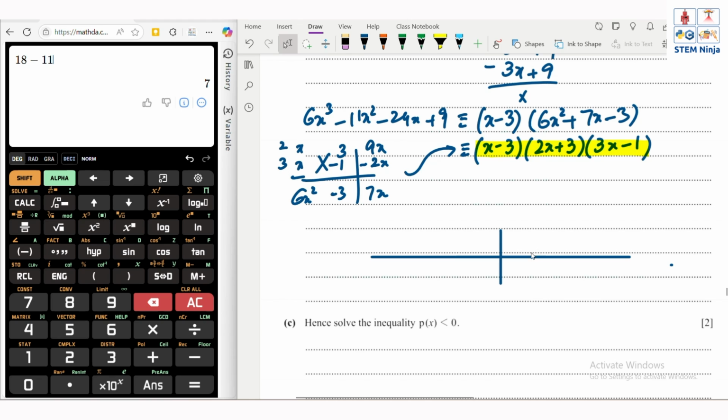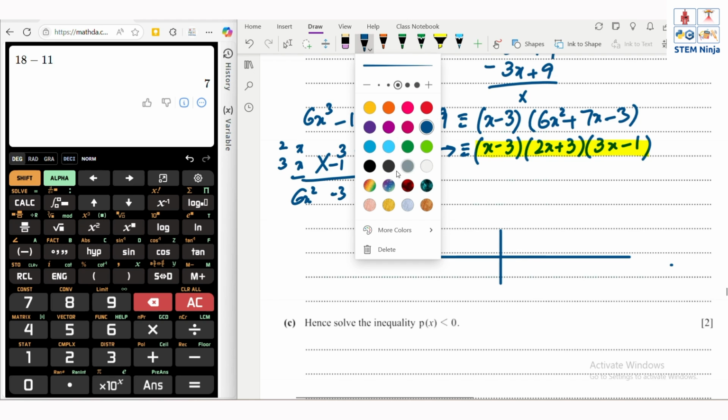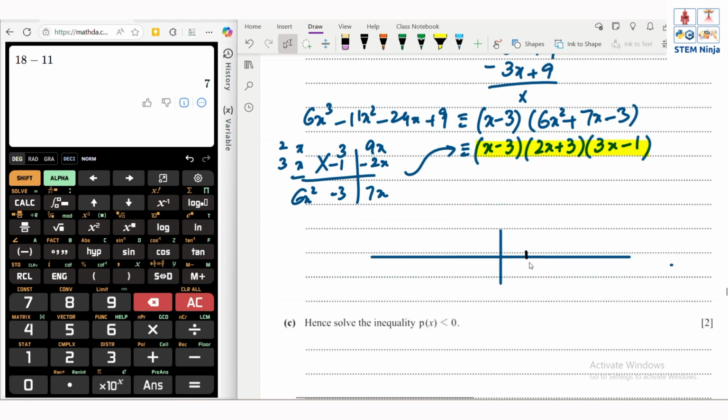So x is equal to 3, and then you have 1 over 3 also, and then minus 3 over 2.